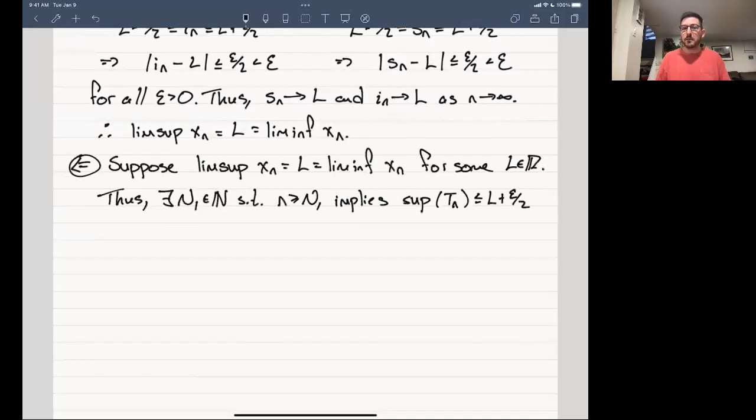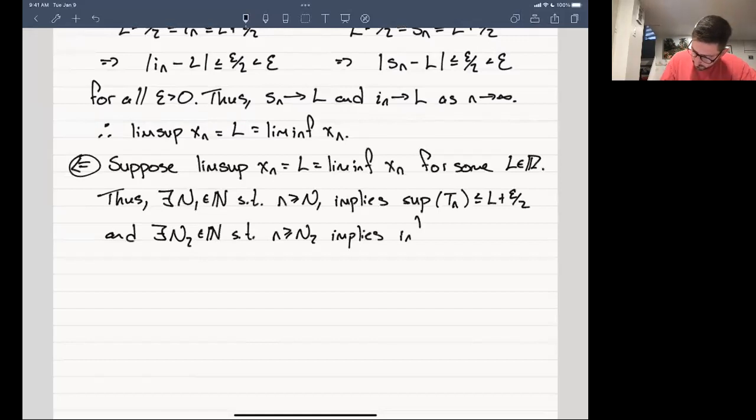So basically the same argument that I had before. And there exists a capital N2 such that if I look beyond N2, I can get that the infimum is greater than or equal to L minus epsilon over 2.